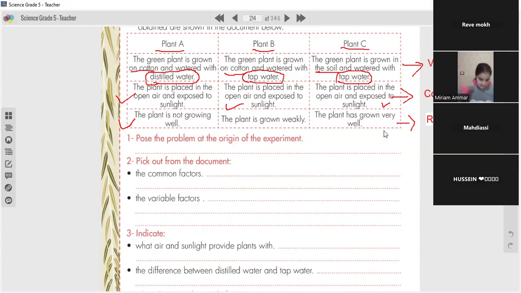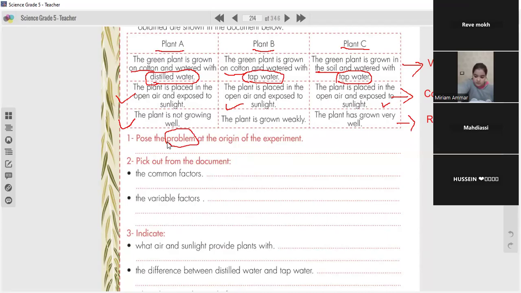So after we discussed all the details in the table and in the text, it's time to start solving the question. Miriam, solve number 1. Pose the problem at the origin of the experiment. We had some problems in grade 4, and I told you how to make a problem. But here in grade 5, we have a lot of these questions.